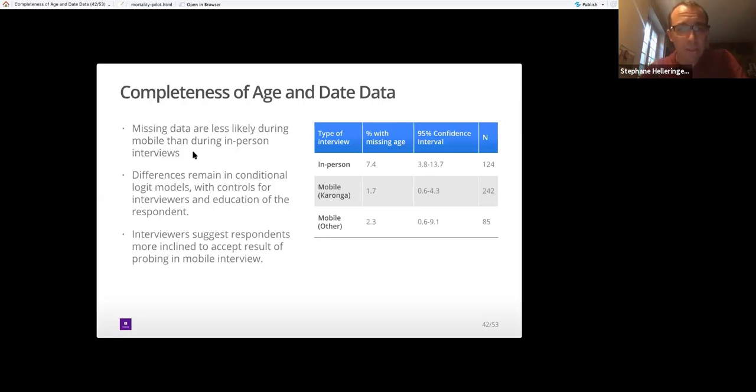We tried to get rid of these differences, but they remained in conditional logic models with controls for interviewers and education of the respondent. In asking our interviewers about it, they suggested that respondents in mobile interviews were usually more inclined to accept the results of probing and additional efforts by the interviewer to ascertain ages than during in-person interviews.